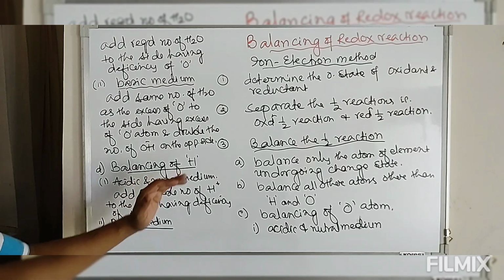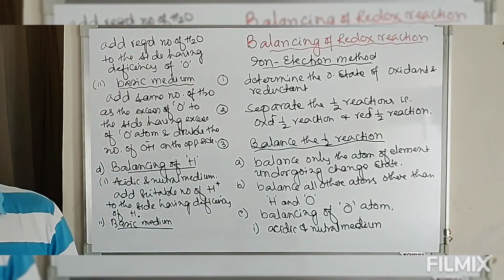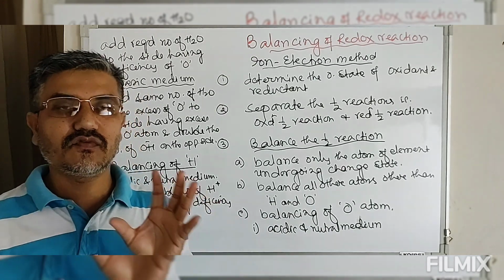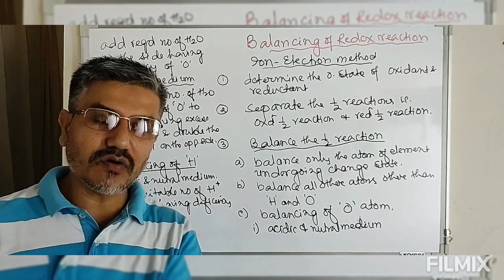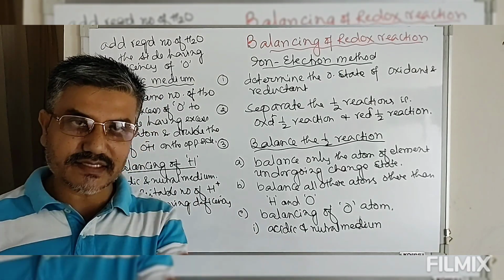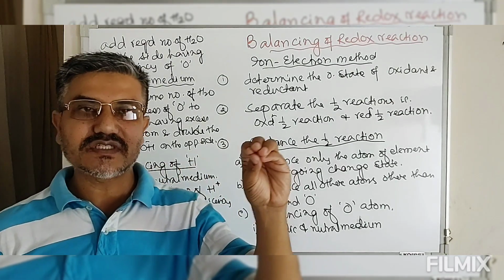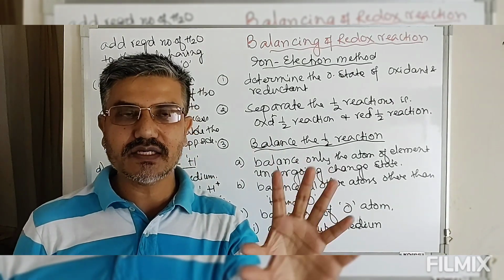Now to balance hydrogen in basic medium, to the side having excess of hydrogen, we will add the same number of OH minus as the excess of hydrogen. Simply saying, जिस साइड में हाइड्रोजन एक्सेस है उस साइड में उतना ही OH माइनस ऐड करेंगे.